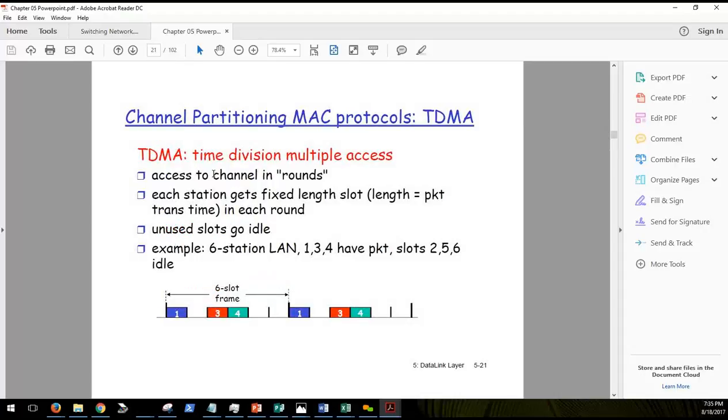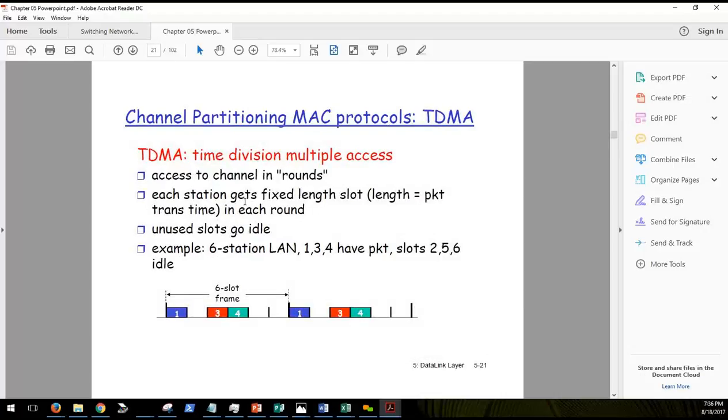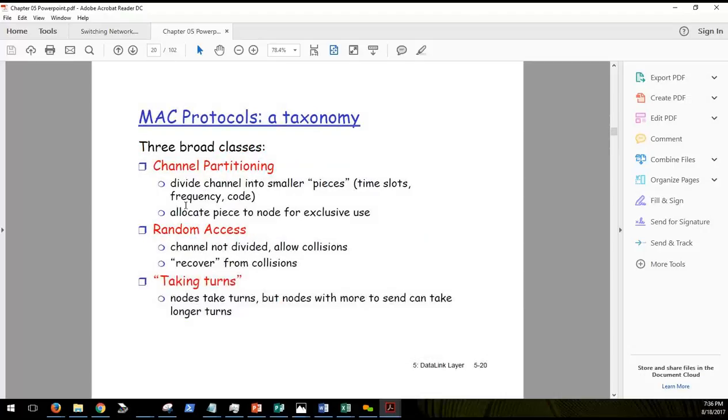See, right here. Channel partitioning MAC protocols. First example, TDMA. What's the other example that they gave? FDMA, frequency division multiple access. These are both channel partitioning protocols. Do you recall what the protocols were for random access?